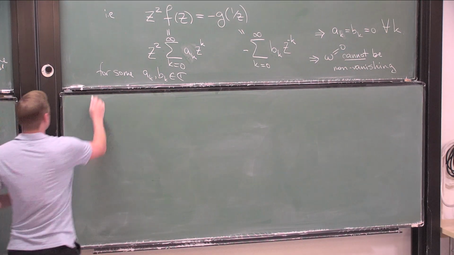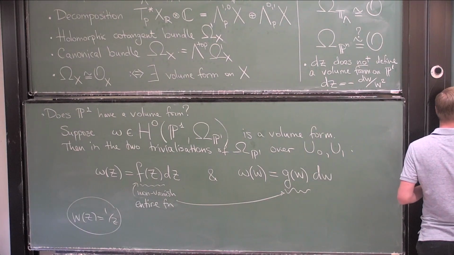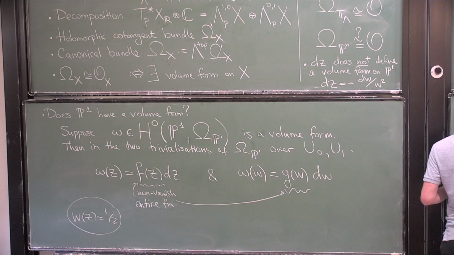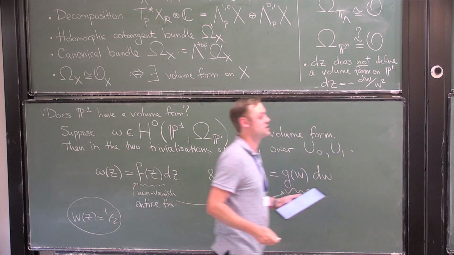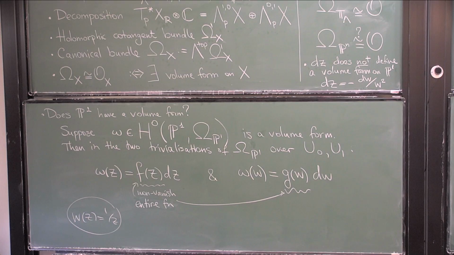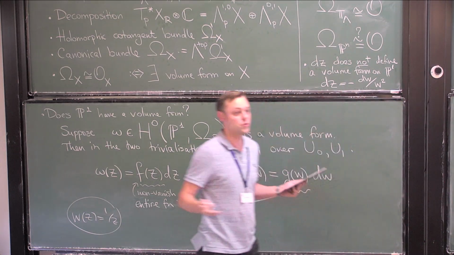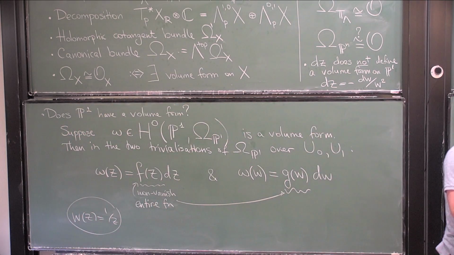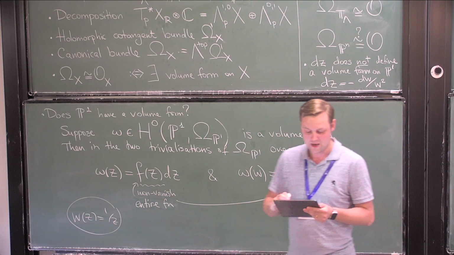So what we have shown is that this entire space of global holomorphic sections over P1 of the canonical bundle of P1 is a very silly space. It's just the 0 vector space. It has no sections, just the 0 section. Every line bundle, every vector bundle has a 0 section, but that's it.